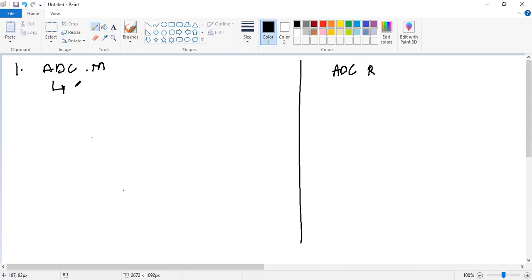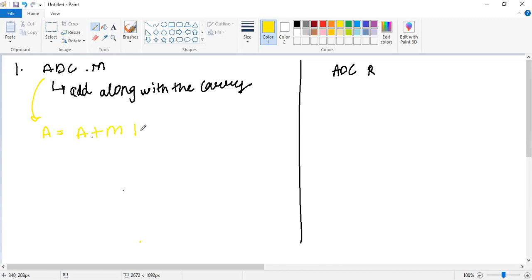ADC means add along with the carry. If I write this instruction, this is nothing but A equal to A plus M plus C. C is your carry.